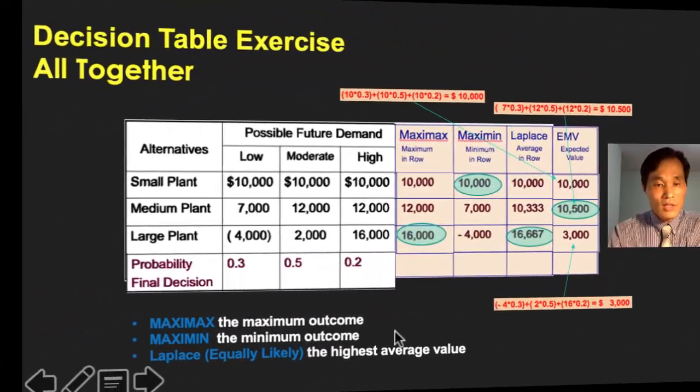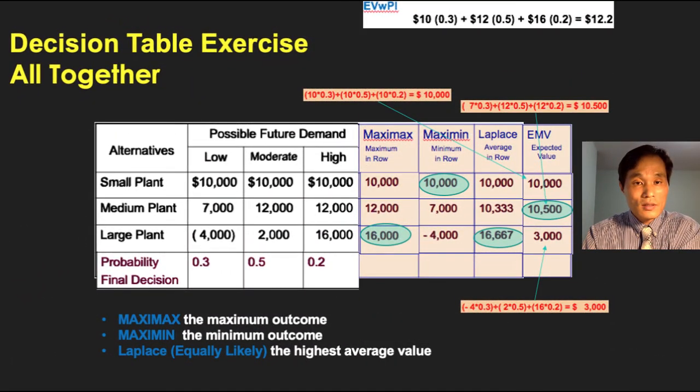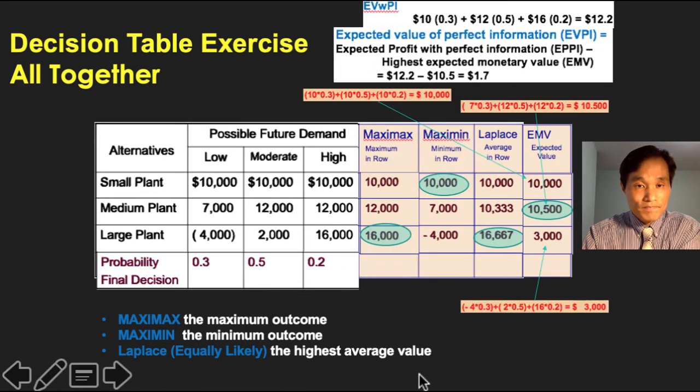And if you calculate that, what happens? So we find that the expected value with perfect information is actually 12.2. And we know that EMV is 10.5.